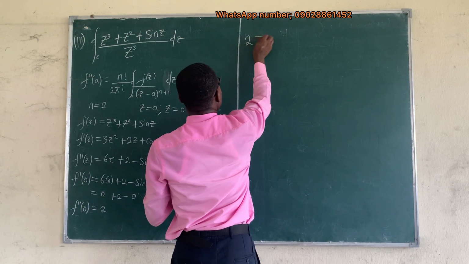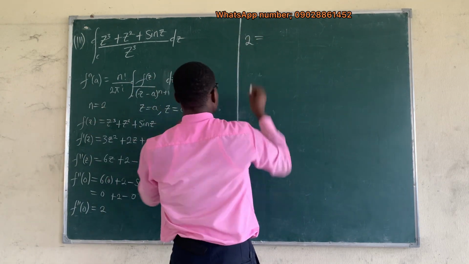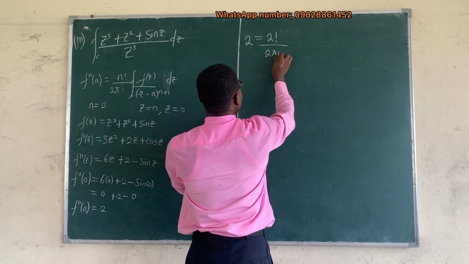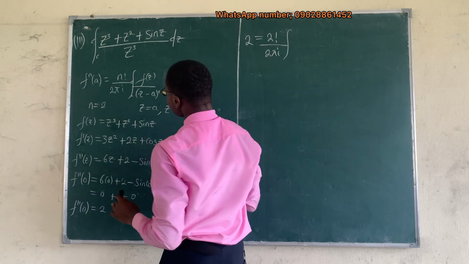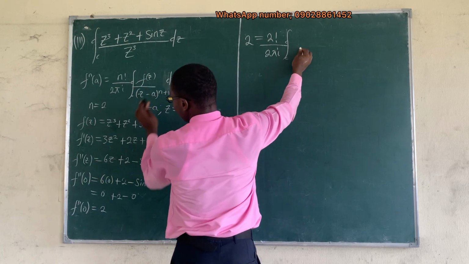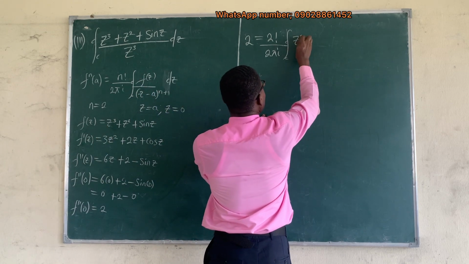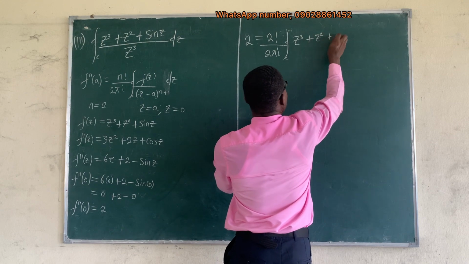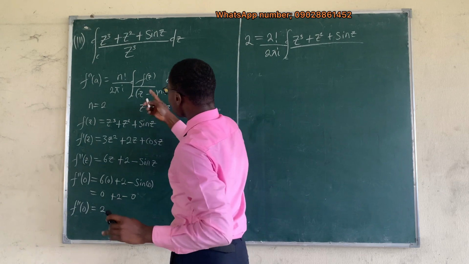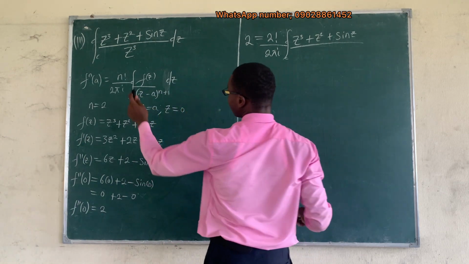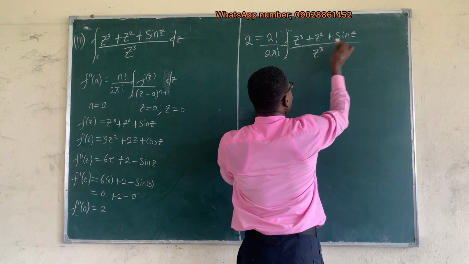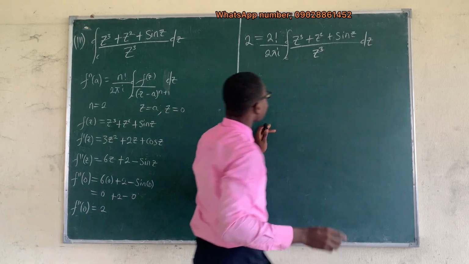So we have 2 equal to n factorial, well, n is 2, 2 factorial over 2 pi I, the integral of c, because the curve is closed, of z cubed plus z squared plus sine z over z cubed dz.